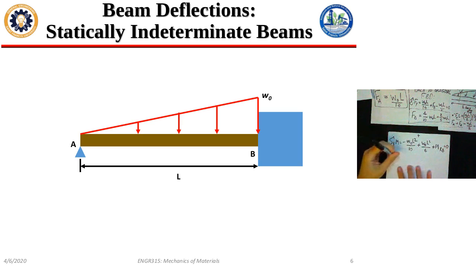Solve for that reaction moment and get something that looks like, that one's going to be a little bit more interesting math. 10/60ths is 6/60ths, so 4/60ths.